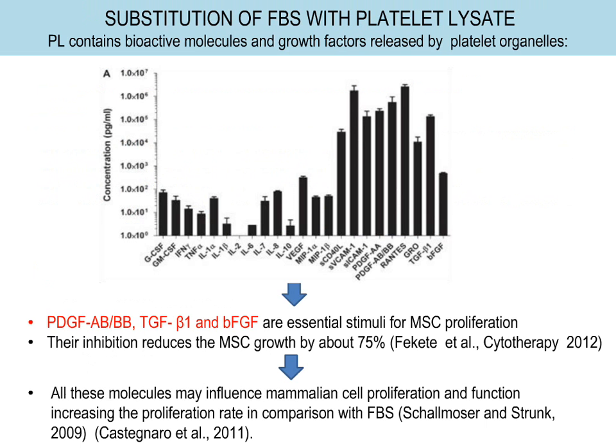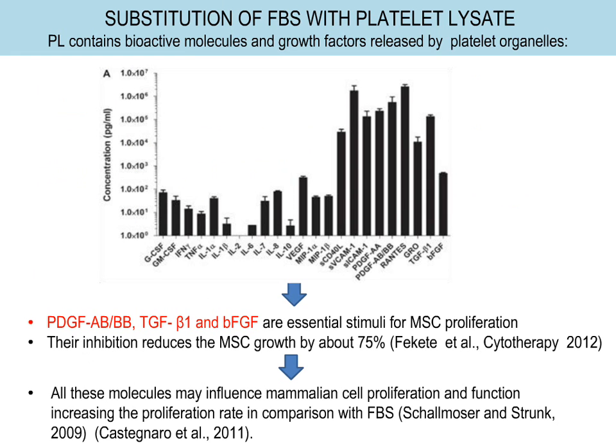It is possible to substitute FBS with platelet lysate. This is because platelets contain bioactive molecules and growth factors released by platelet organelles. In particular, PDGF, TGF, and bFGF are essential stimuli for MSC proliferation.